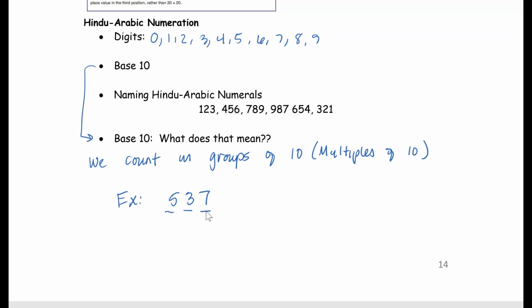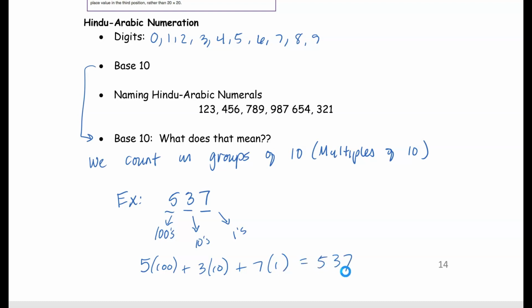We've got 3 place values there: the hundreds place, the tens place, and the ones place. So this tells us we need 5 groups of 100, 3 groups of 10, and 7 groups of 1, and if you add that up, you get 537.